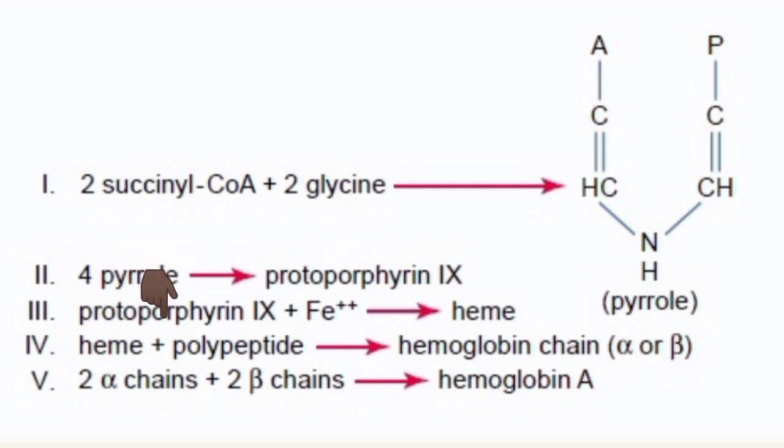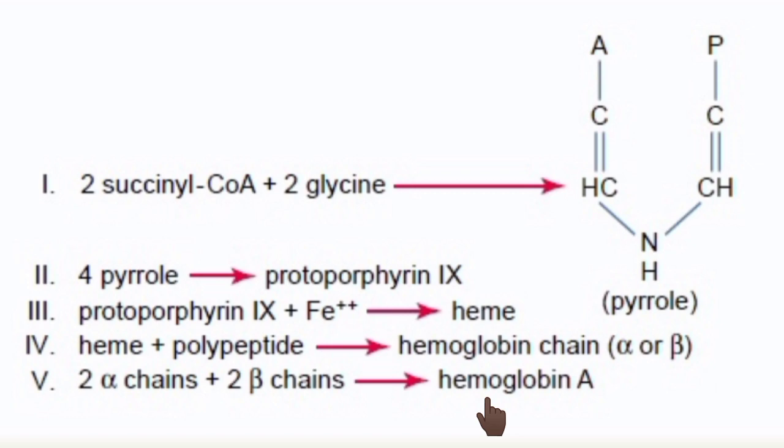The protoporphyrin 9 then combines with iron to form the heme molecule. Finally, each heme molecule combines with a long polypeptide chain known as the globin, which is synthesized by the ribosomes, forming a subunit of hemoglobin called hemoglobin chain. Now, 4 of these in turn bind together loosely to form the whole hemoglobin molecule.